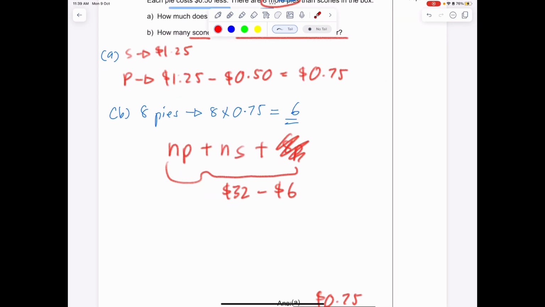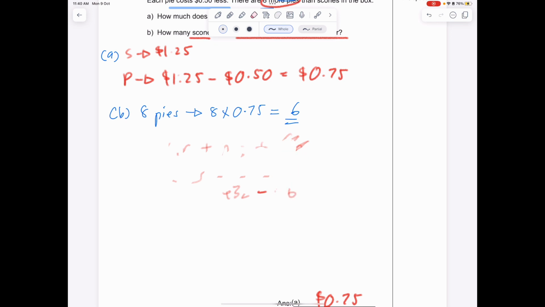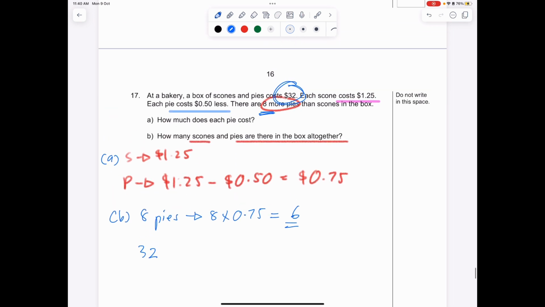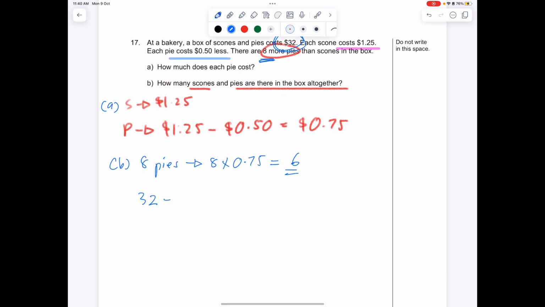So the next step, I'm going to erase this part away, once you all understand. So the next step you need to do is you need to take $32, or is it $36? Okay, $32 minus away the $6. So your answer is 26. This $26 has the same number of pies and scones.